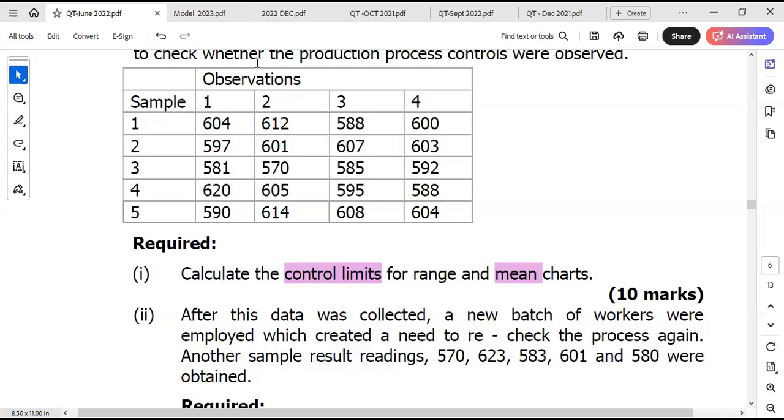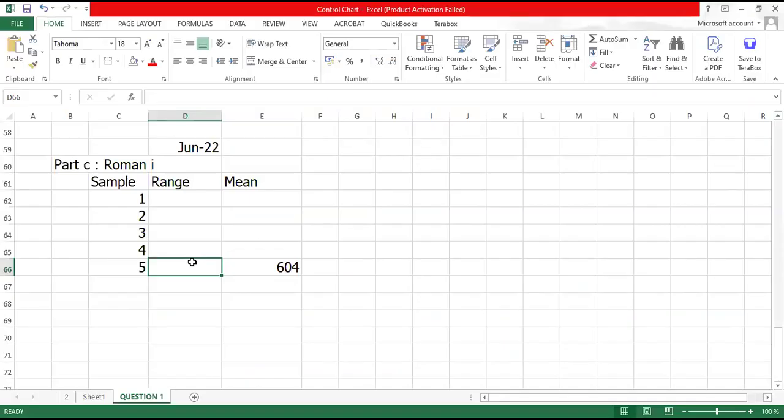Abel, the range on number 5? 614 minus 590 is 24. Number 1 is 24.